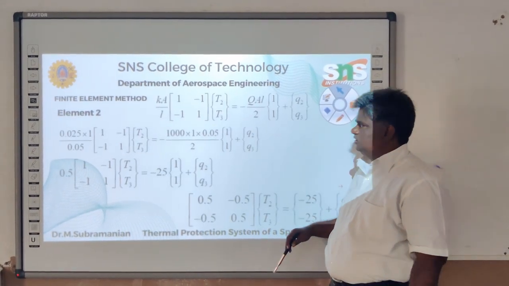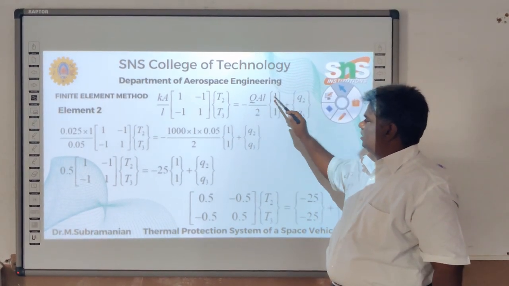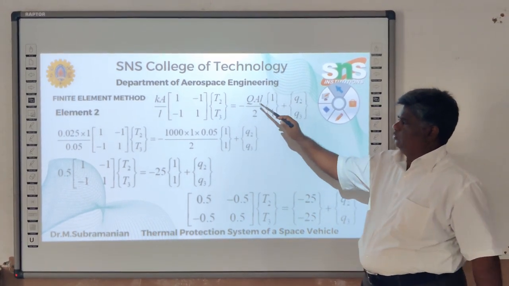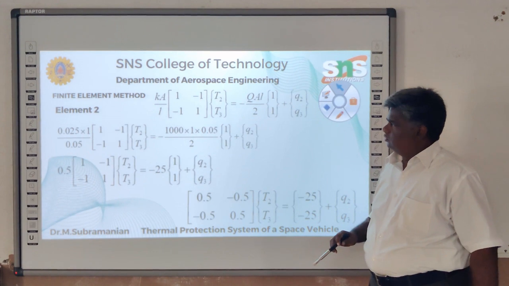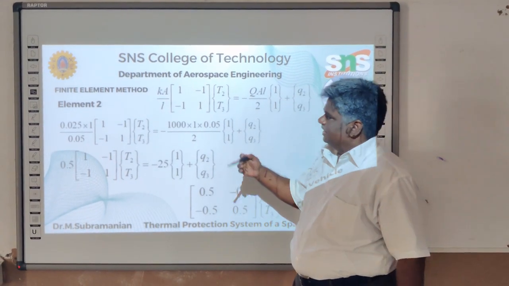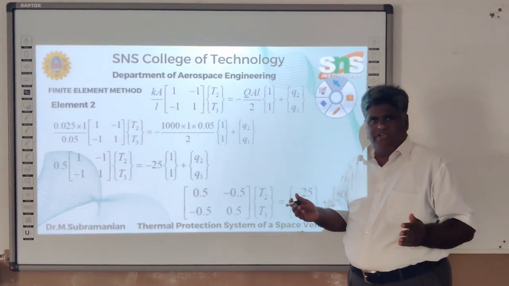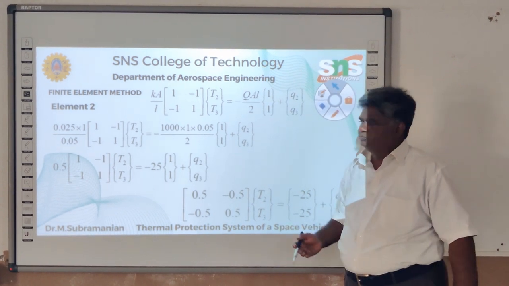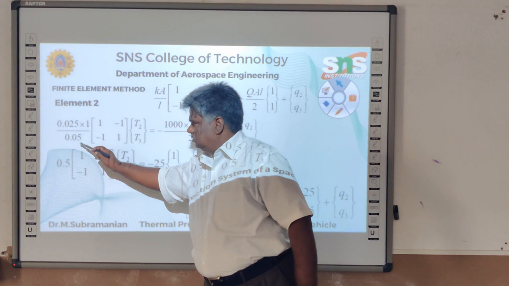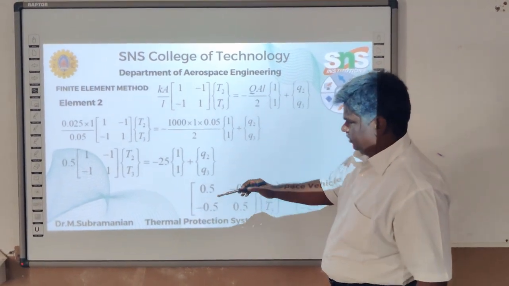For element 2, additionally we put in the thermal load due to the internal heat generation, QAL divided by 2. The metal foam is divided into two elements. So for element 2, 0.025 into 1 over 0.05, simplified, gives 0.5.